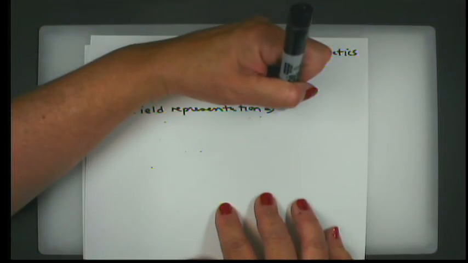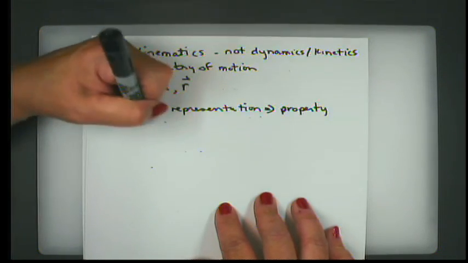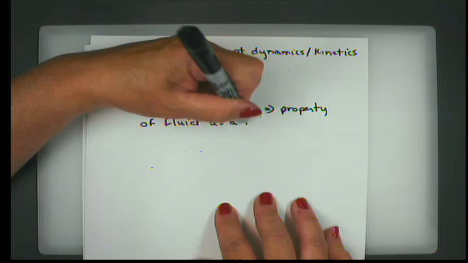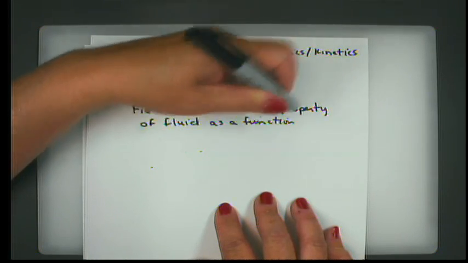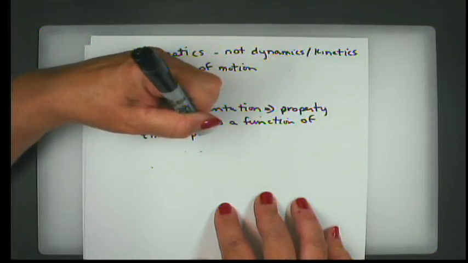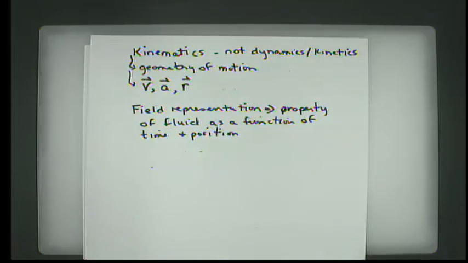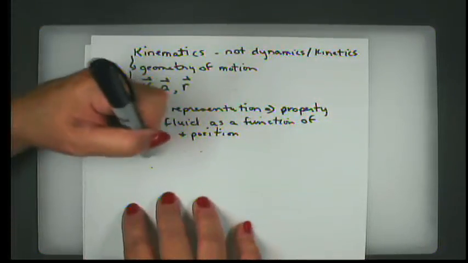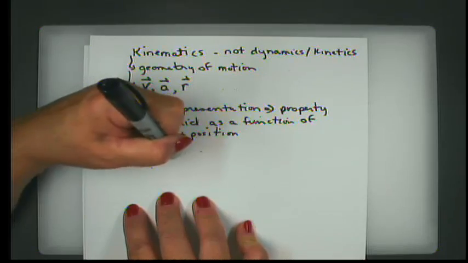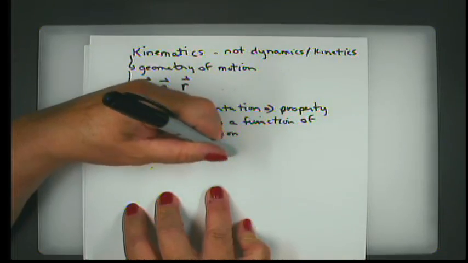But any variable we look at, or let's just say property of a fluid, as a function of time and position, right? So if we wanted to write something like that in a mathematical manner, we could say that the property of the fluid is a function of position, x, y, z, and also time.